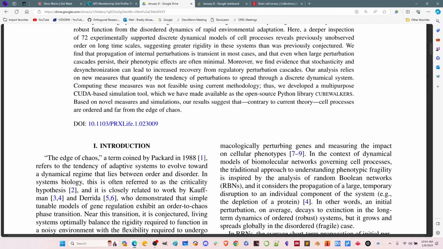They're obviously not chaotic, so they're at the edge of chaos. And so they're actually saying that that's not true, that cell processes are ordered. They have a lot of order, especially long-term order. And so while they're robust, they don't exist at the edge of chaos.